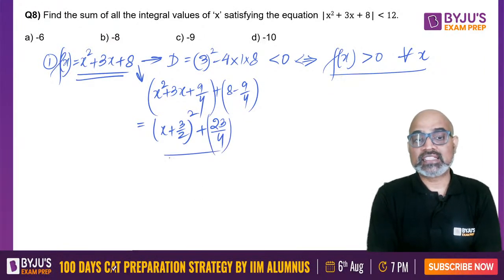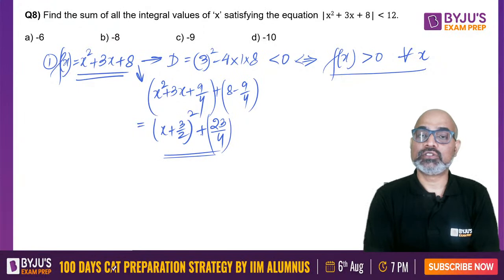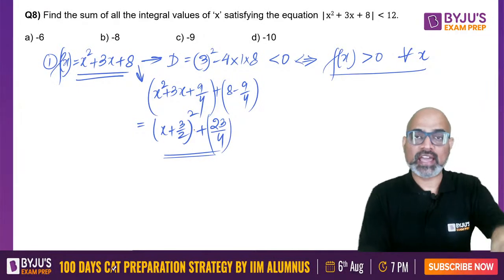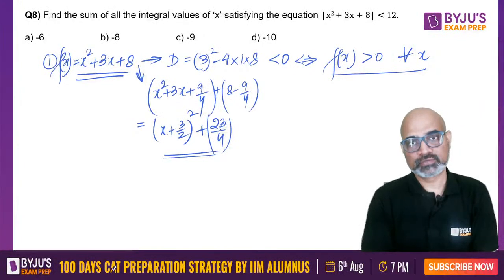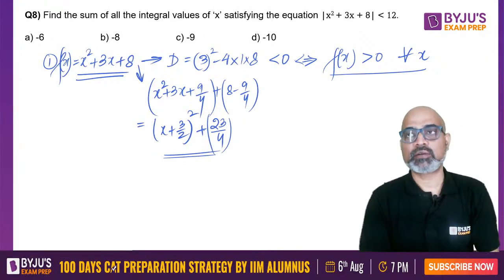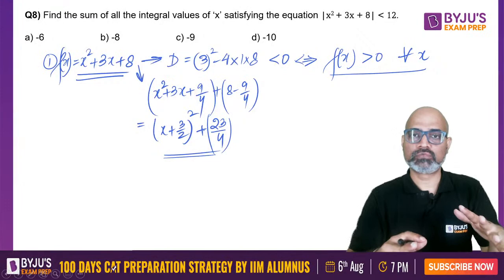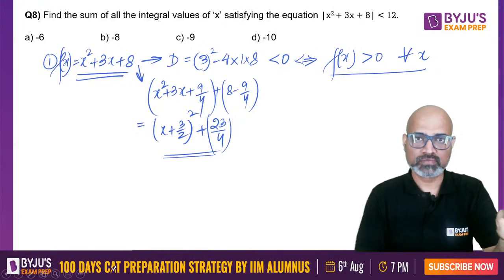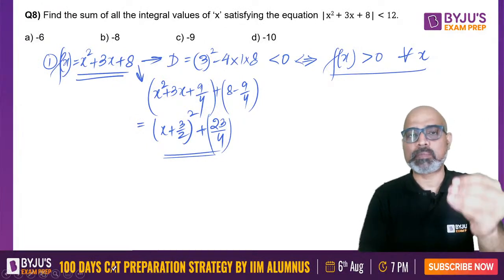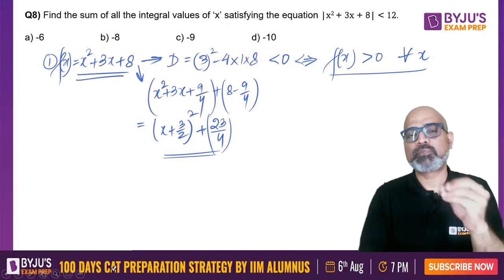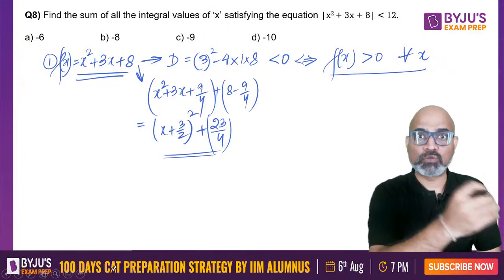So looking at this, we say that a square plus 23 by 4 can never be negative. Think about it. Ek number lo, any number, square it. Now add 23 by 4. 23 by 4 ka matlab approximately 6. Add approximately 6 to it. Can it be equal to negative value?